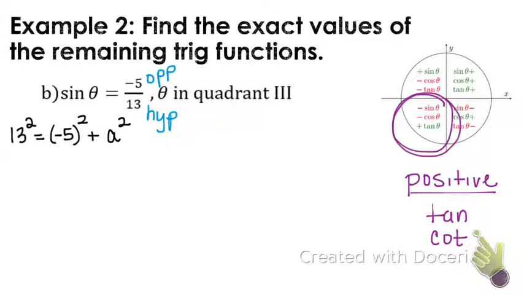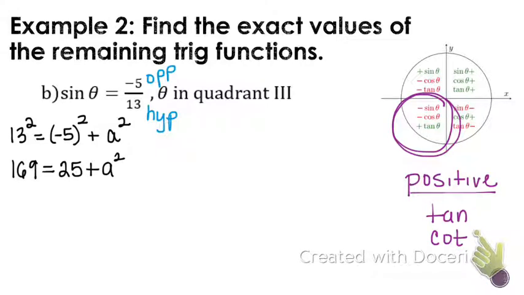Now, you won't be able to use a calculator, so I wouldn't even have your calculator out. I know it's an adjustment, but you'll be okay. Does anyone know what 13 times 13 is? That's 169. And then 5 times 5, 25.